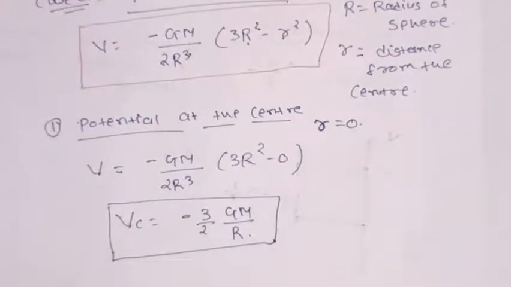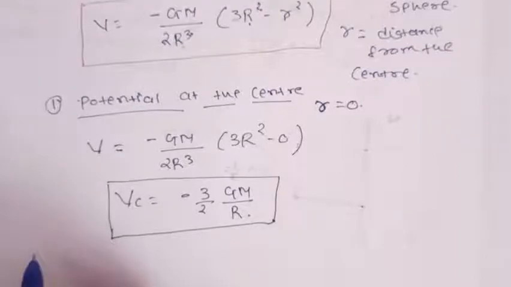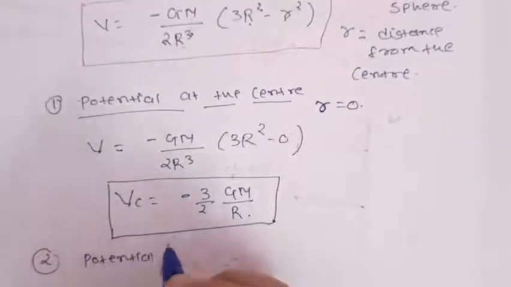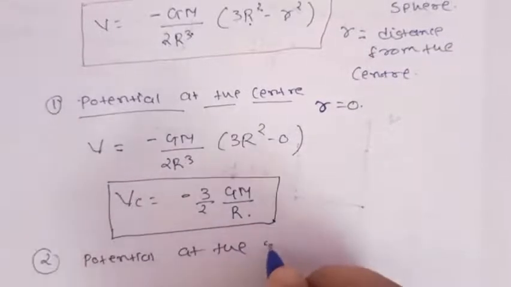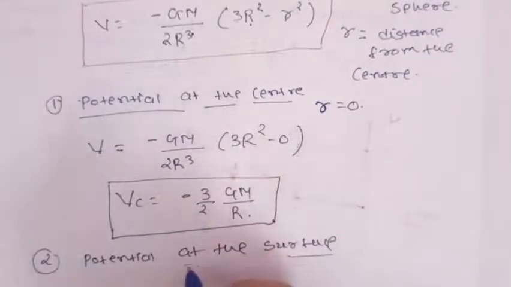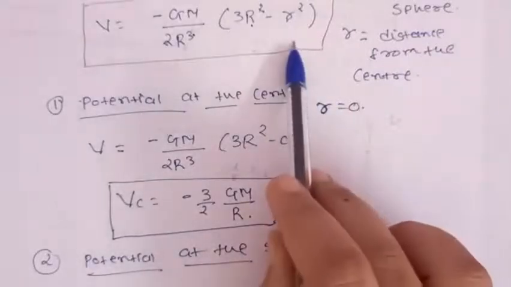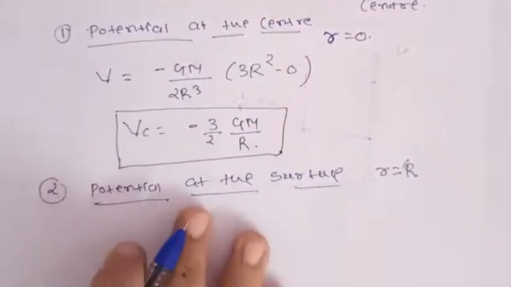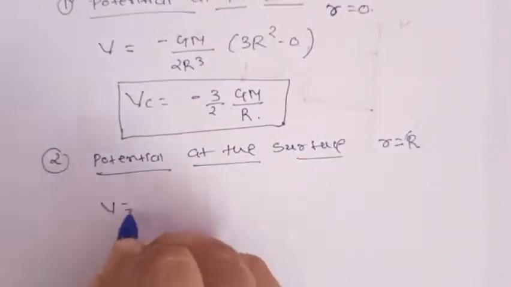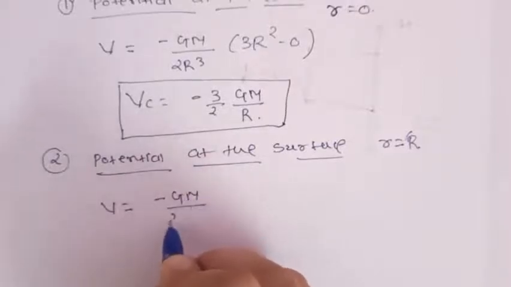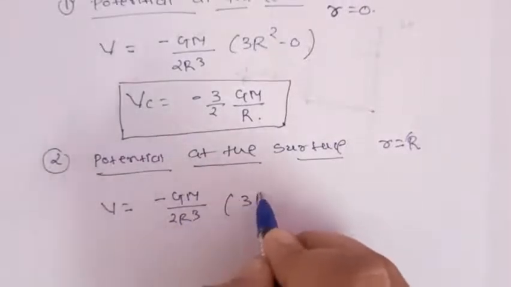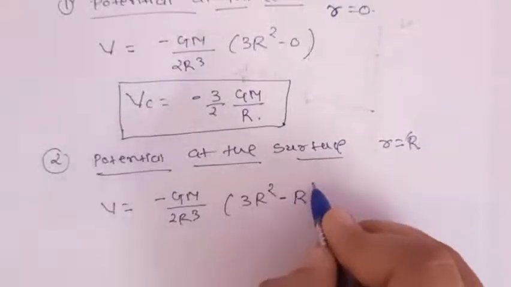Now to find potential at the surface, put small r equal to capital R, because the surface is located at a distance equal to the radius from the center. In this equation, put the value. We will get V equals minus GM upon 2R cube into 3R square minus R square.